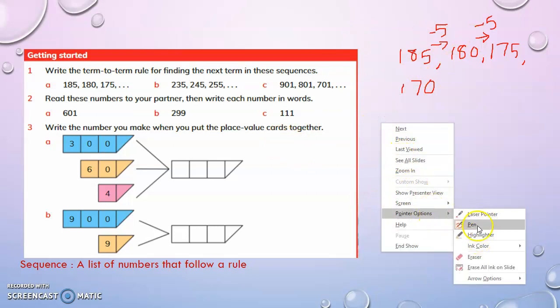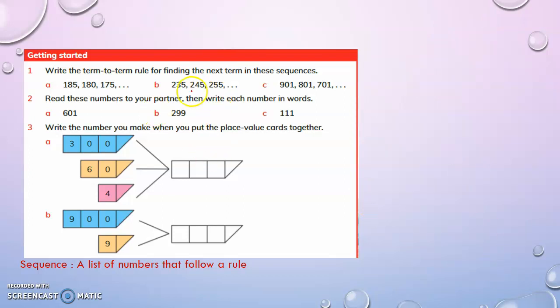Now let's see if we can find a rule for B. The terms given are 235, 245, 255. You can see that the numbers are increasing. Each number is bigger than the one before. Is it increasing by the same value?